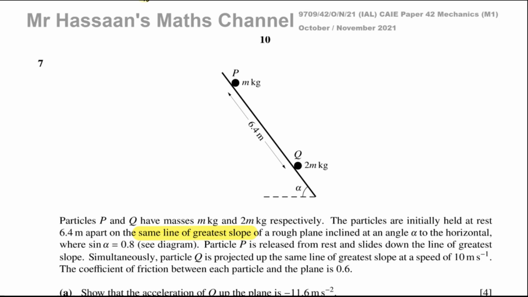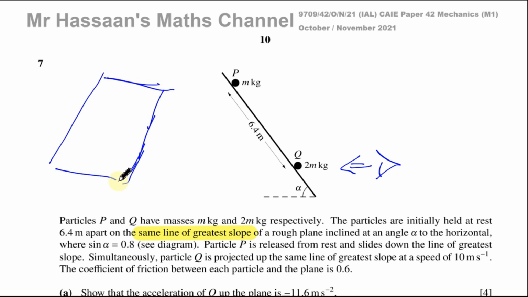Basically, just imagine we were looking at this slope from this angle over here. Then we would see in front of us something that looks maybe like this, with a bit of a 3D tinge to it. Now what it means is P and Q are directly above each other.